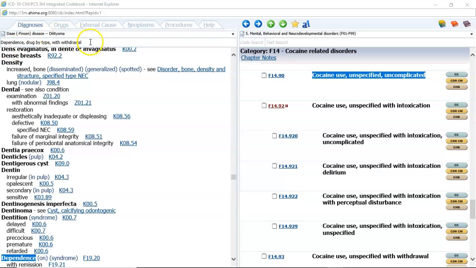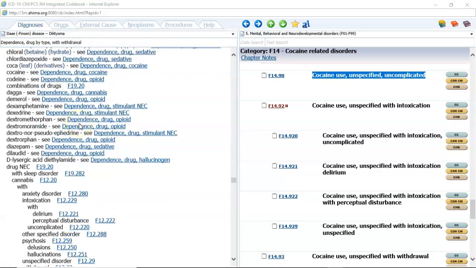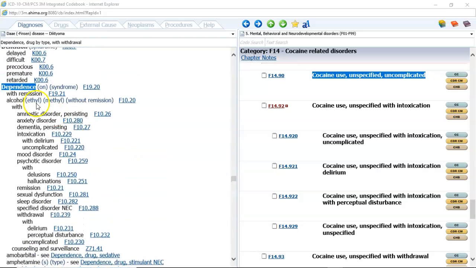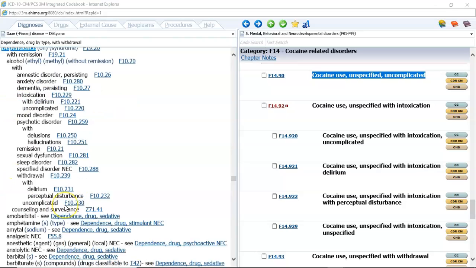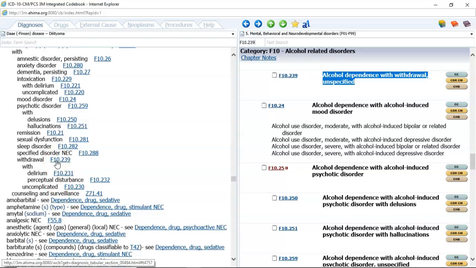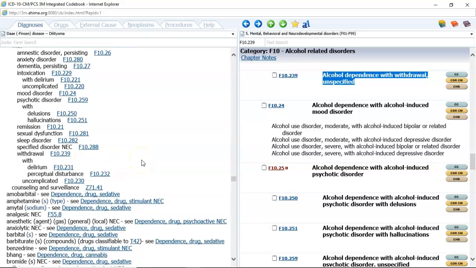Okay, so if we have dependence, alcohol with withdrawal, we can see that the code for that is F10.239. Now, I also want to point out that many times when patients are in withdrawal, they also have additional problems.